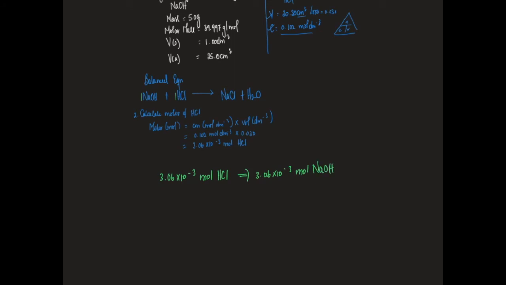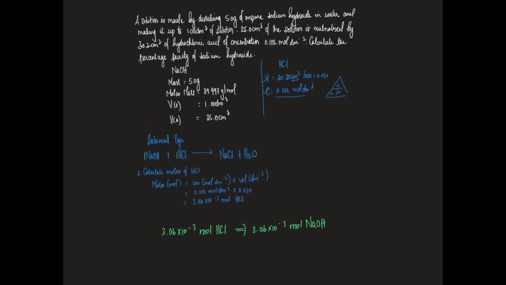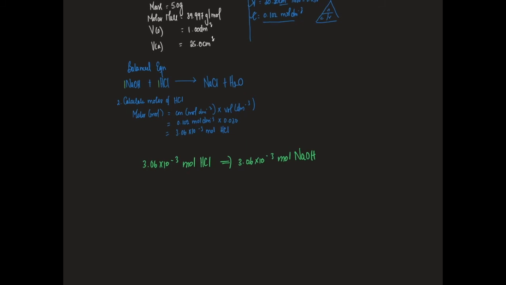Okay, so if we go back up to the question, we will see that 25 cubic centimeters of the solution is neutralized by 30.3 cubic centimeters of hydrochloric acid, which means that the number of moles of sodium hydroxide that reacted with the HCl was in 25 cubic centimeters.